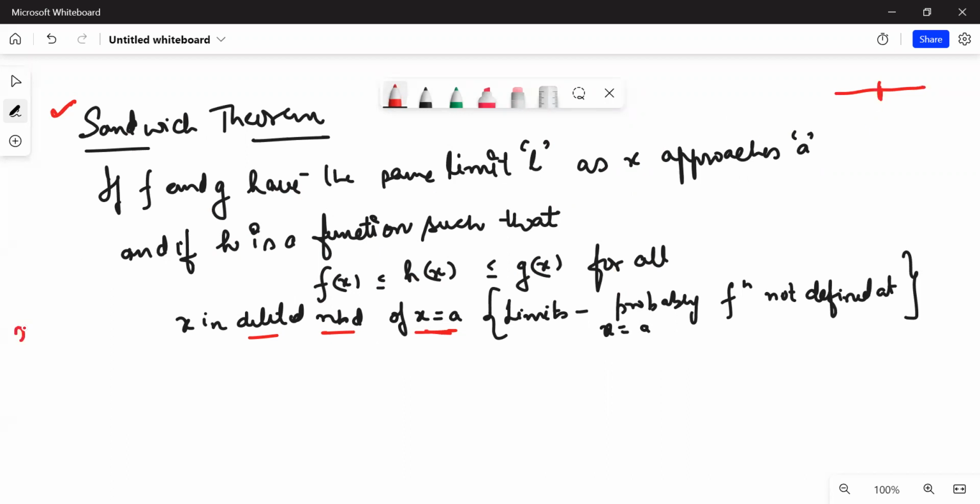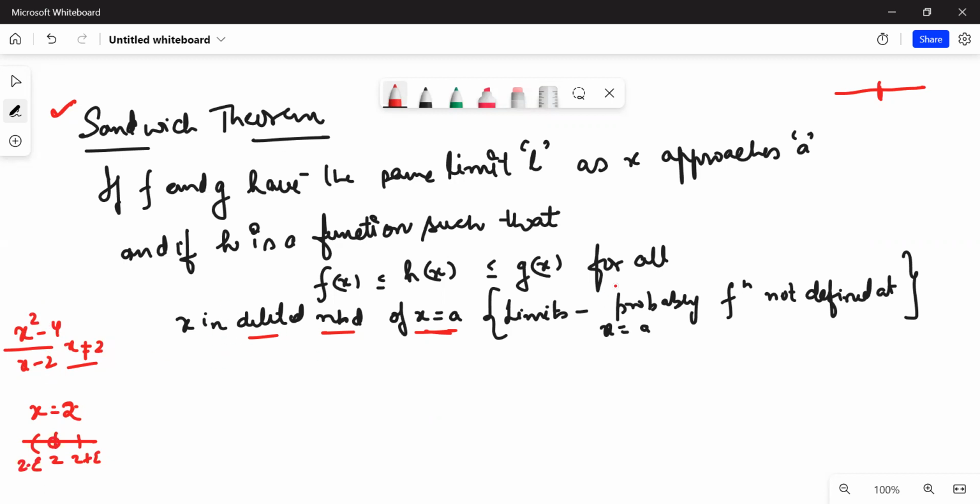Let's say the first thing that we did was (x square minus 4) upon (x minus 2), and we were interested in finding the value at x equal to 2. We know that in the limit we can only take a limit. We cannot exactly define my function at x equal to 2. So we are in the deleted neighborhood of x equal to 2. This is how we write things. Is that clear? So we remain in the neighborhood of 2, but we delete 2 because at exactly 2 your function is not defined.